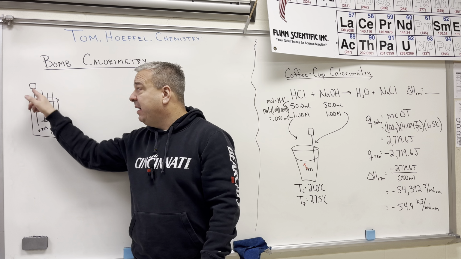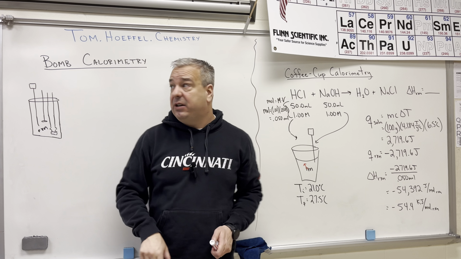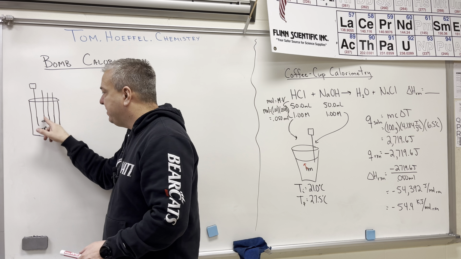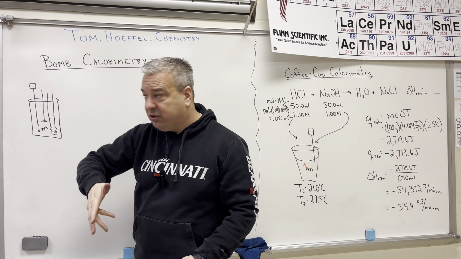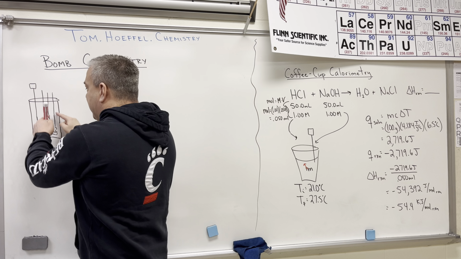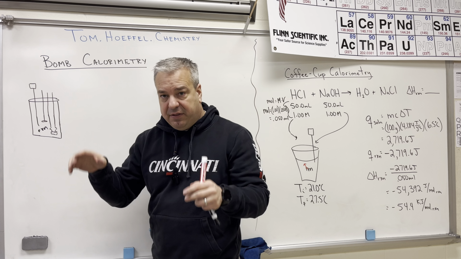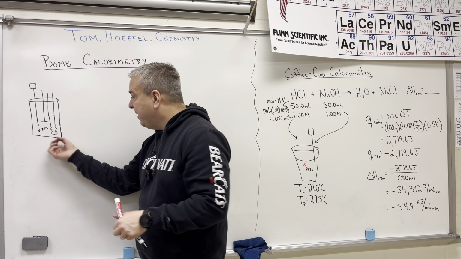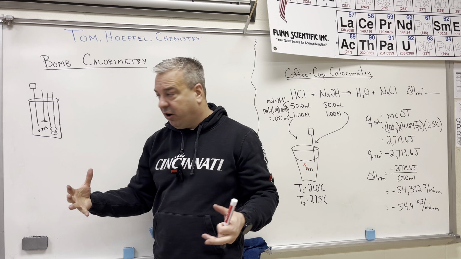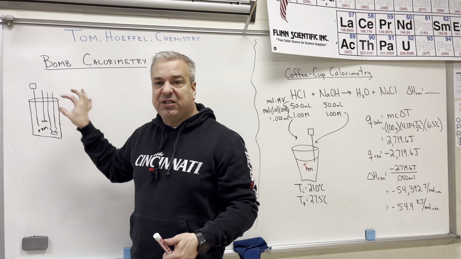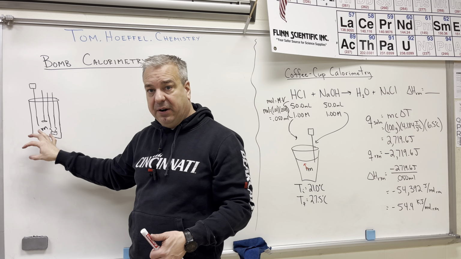The only similarity is that there's a thermometer in each, but the bomb calorimeter has a stirrer that stirs the solution. There are probes that go inside, and these probes send an electrical signal, and that's what makes the explosion occur. So there's all this other stuff in the bomb calorimeter.